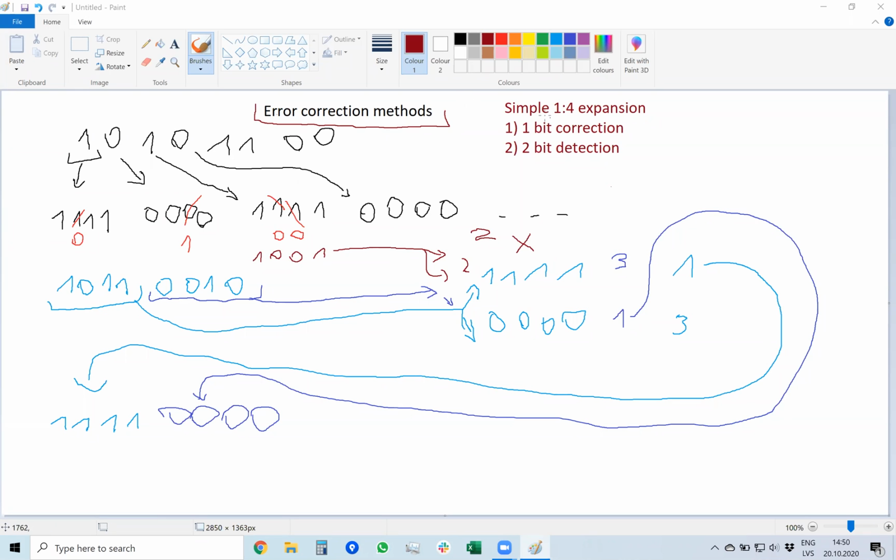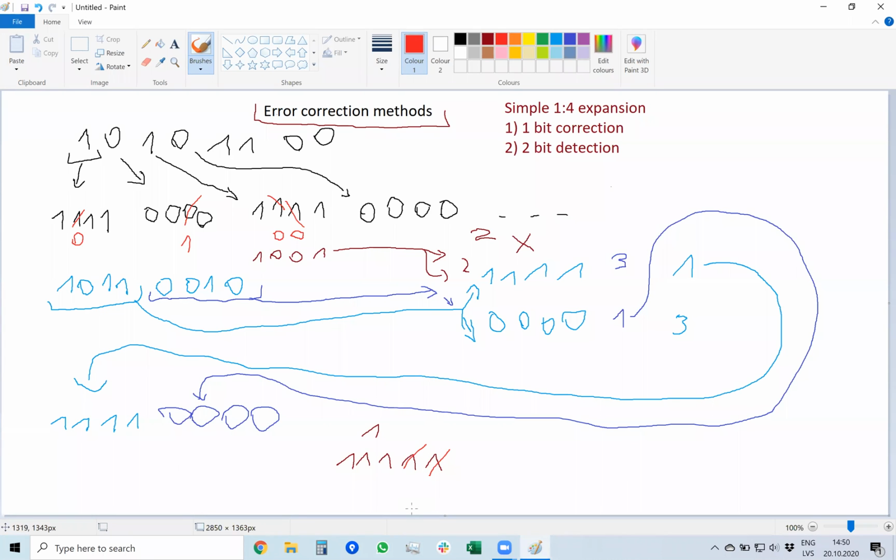So if we wanted to be able to correct more bits, we would need to expand each bit more. For example, each one would be expanded to 5 ones. So, for the sake of example, if we expanded 1 to 5 ones, if we swap 1 bit, we can detect it and correct it.